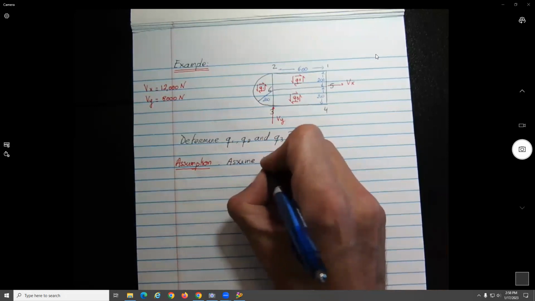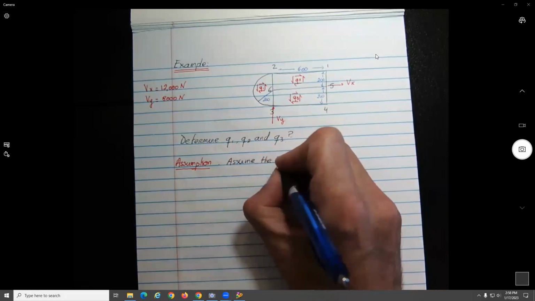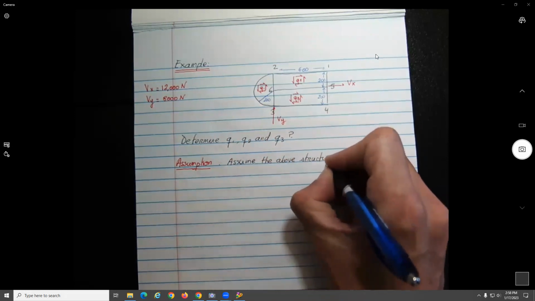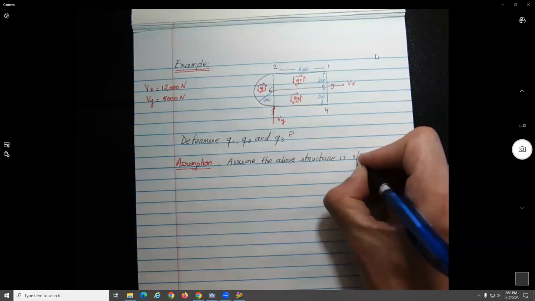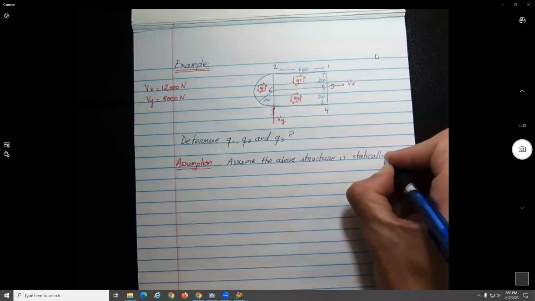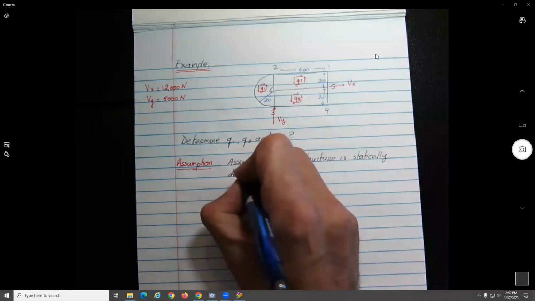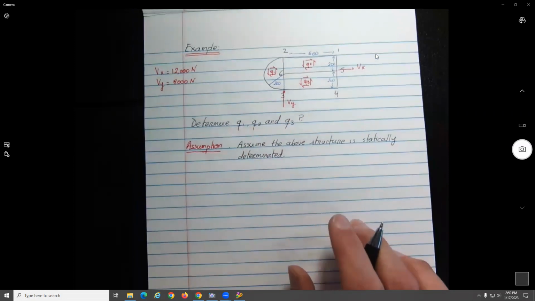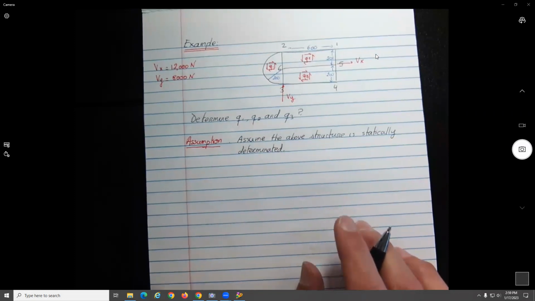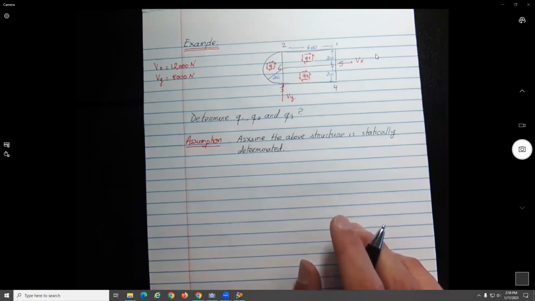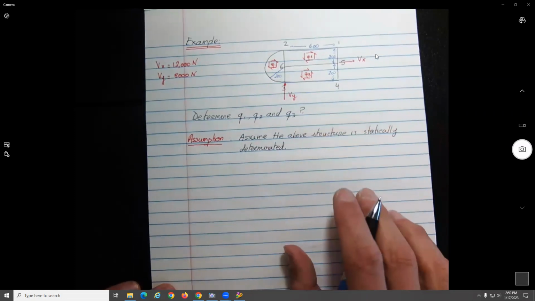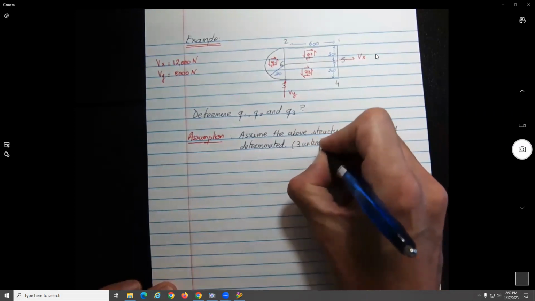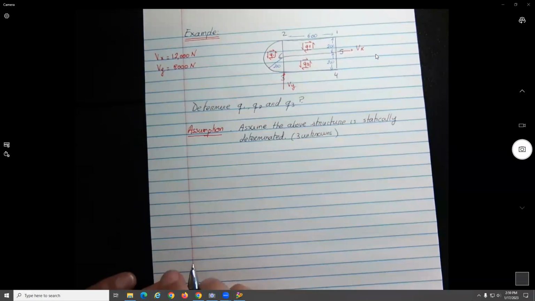Assume the above structure is statically determined. Okay, so let's say here 3 unknowns. All right.